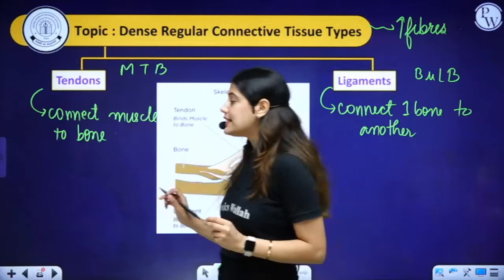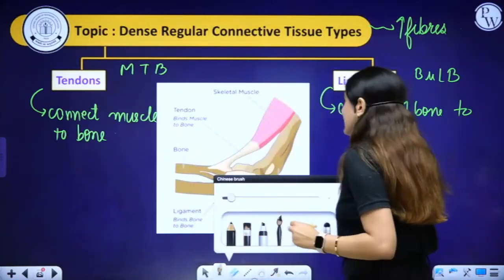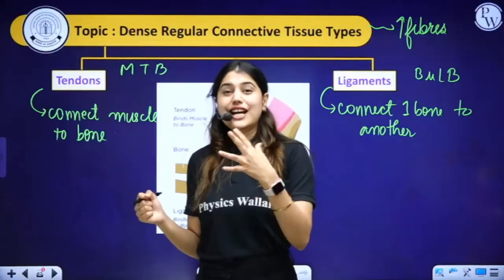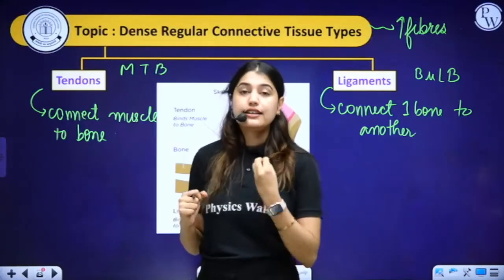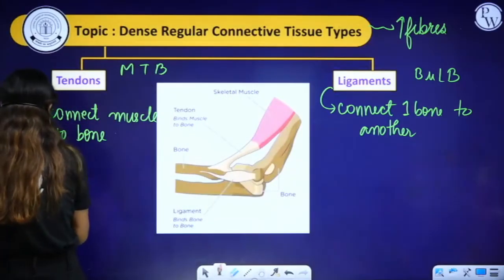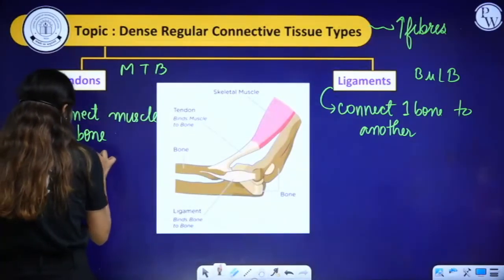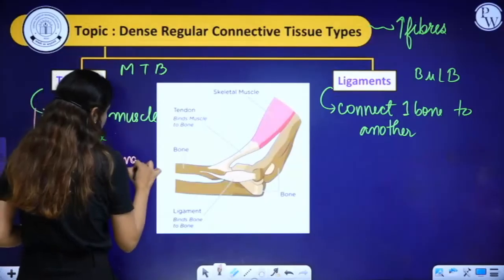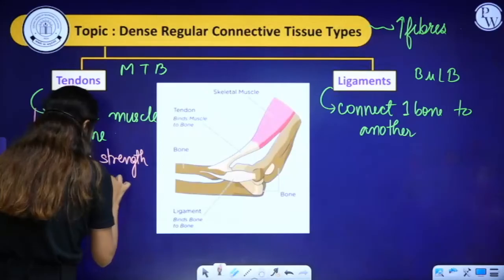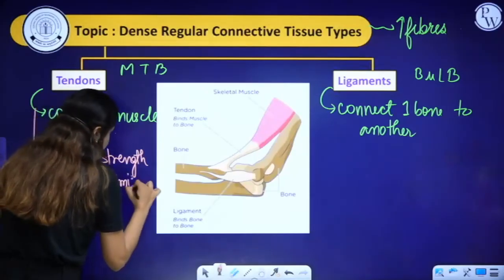Now remember, this tendon basically gives a lot of strength to the tissue, but does not provide the elasticity, does not provide the flexibility. So I can say it provides strength but has limited flexibility.